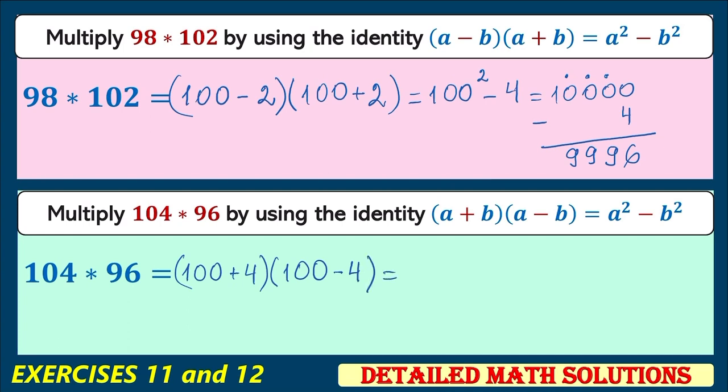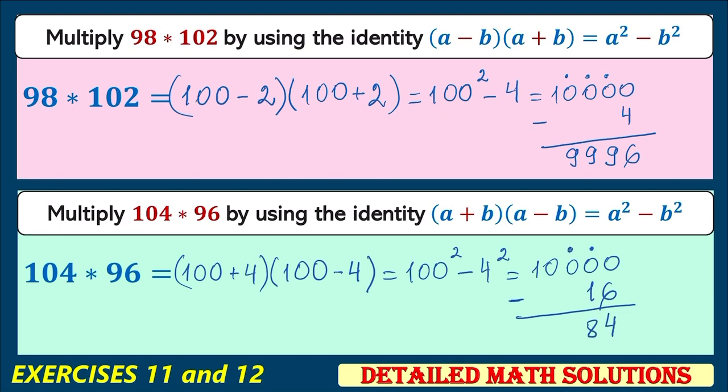This way I have 100 squared minus 4 squared, which equals 10,000 minus 16. When I subtract both numbers, I get 10 minus 6 is 4, then I have 9 minus 1 is 8, then I have 9 and 9. So this equals 9,984.